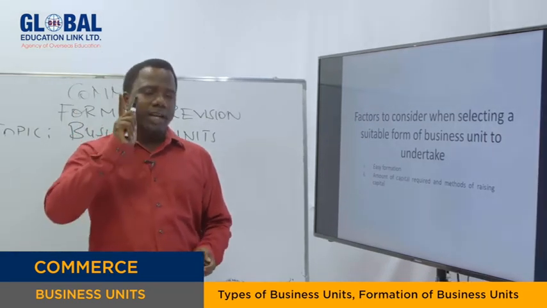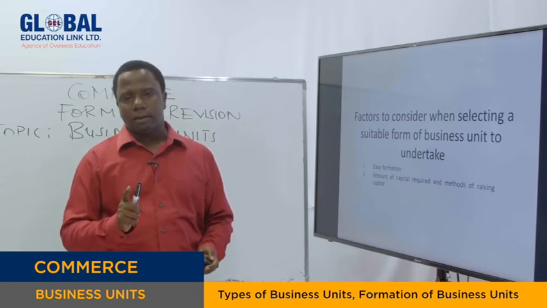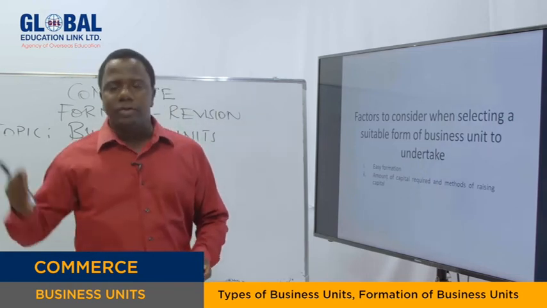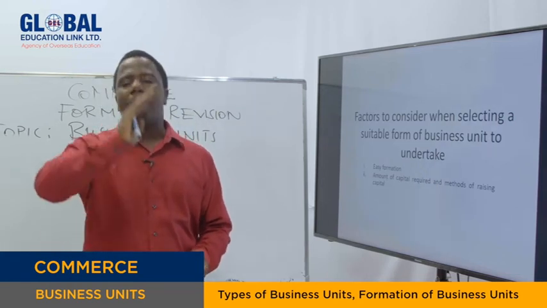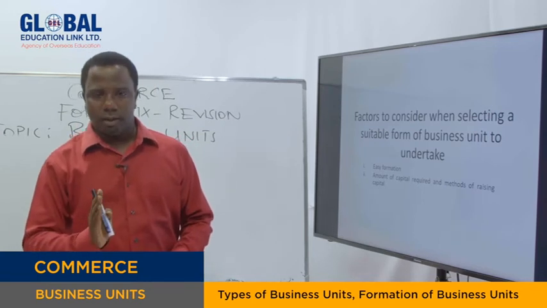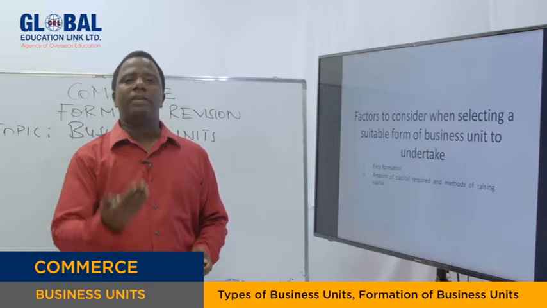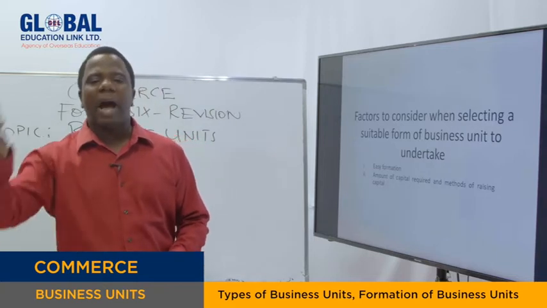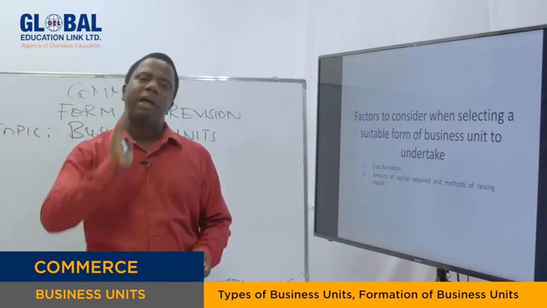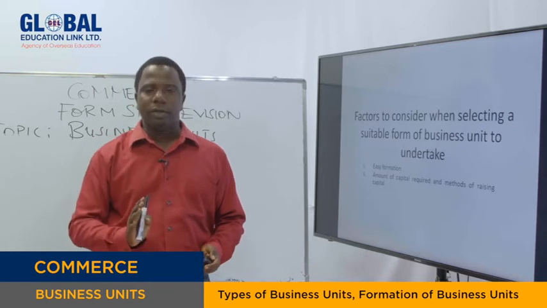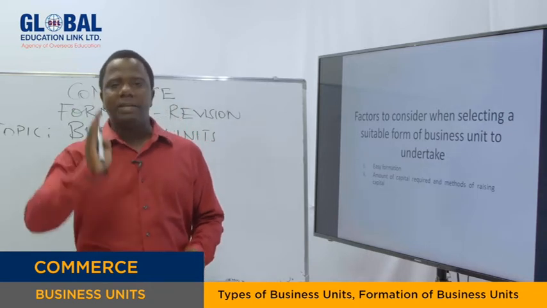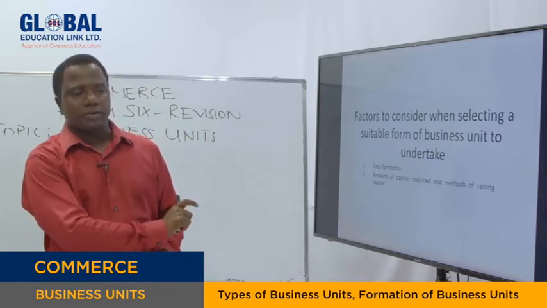In the way of raising, for example, a public company is allowed to raise capital from the public, but private companies are not allowed. So when you form a business unit, you should consider this.